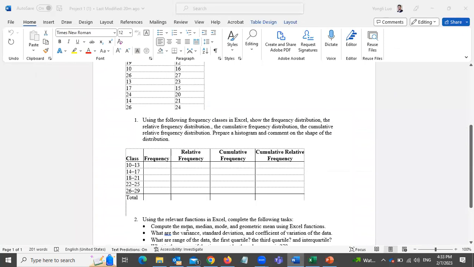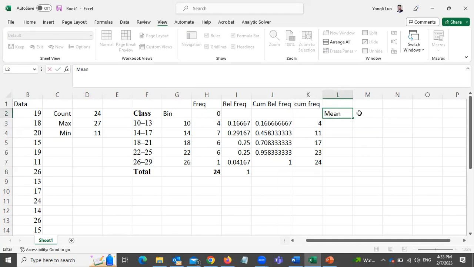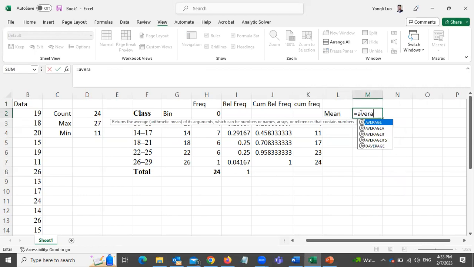Now we're going to do some descriptive statistics: mean, median, mode, and geometric mean. Do you know how to get the mean? It's the average.